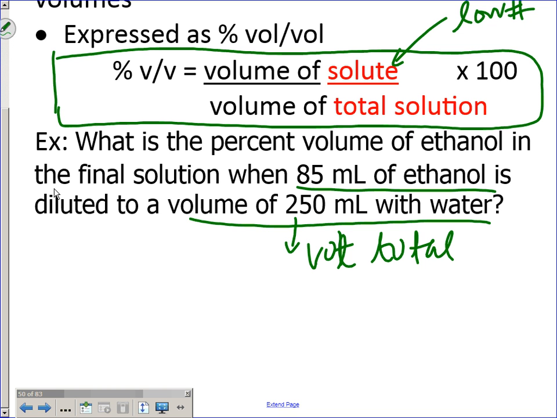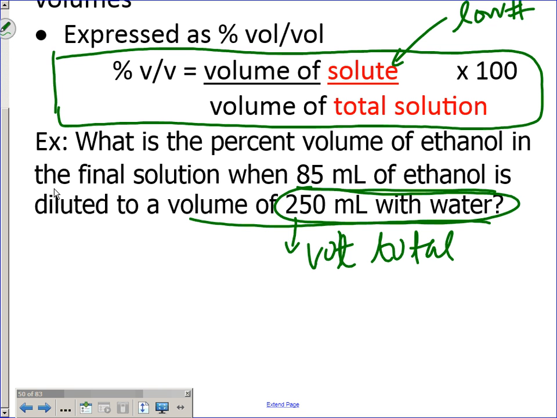The hard part about this is that you have to read very carefully because it says 85 milliliters is diluted to a volume of 250 milliliters with water. So is this 250 describing the water? It's actually describing the total volume, right? You could mistakenly go, oh, that's the solvent, so I need to add the solvent and the solute to get the total, but it's actually given to you as the total. Does that make sense? Reading carefully is important here.